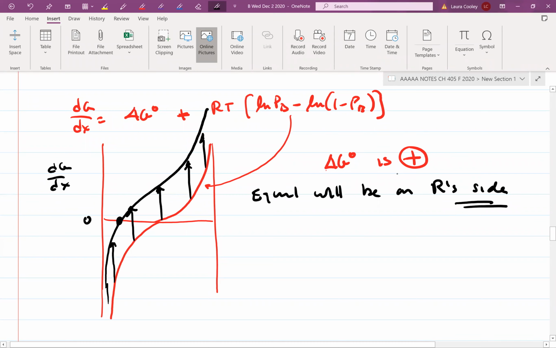Well, when delta G0 of the reaction is positive, that means that G0 of the products is greater than G0 of the reactants. And so that's exerting an influence on where the equilibrium comes out. It's going to come out on the product side because the product side has a lower free energy.